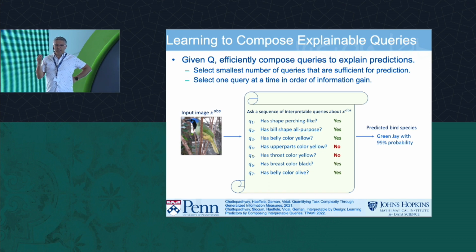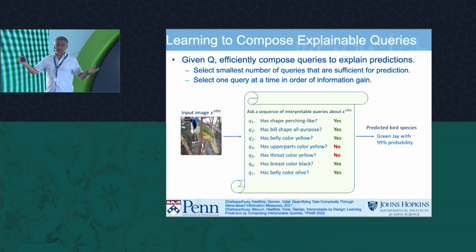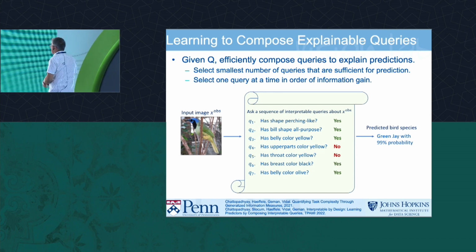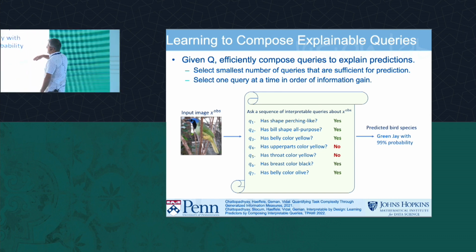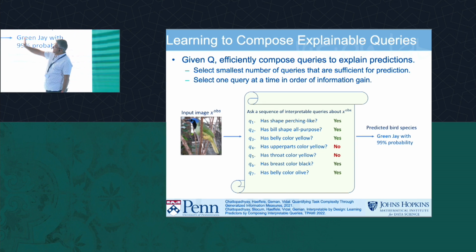And so the idea here is, can I come up with an algorithm that will sequentially select, out of 1 million possible queries, the first one to roughly split the decision into half, and then, conditioned on the first one, I select the second. And this is the output of our algorithm, by the way. For this input image on the left, it selected as a first query whether it has a shape perching-like.